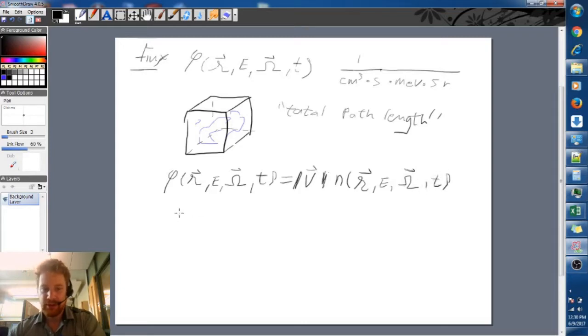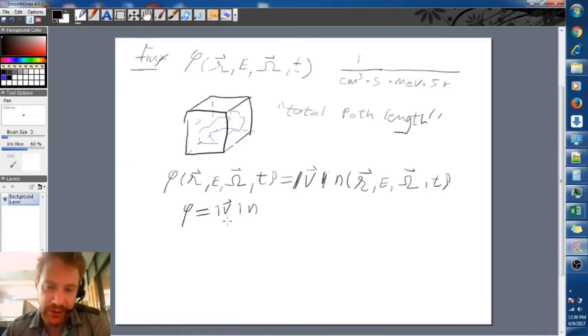I might simplify this notation a bit and say the state space is implicit: phi of v equals velocity times the neutron density.